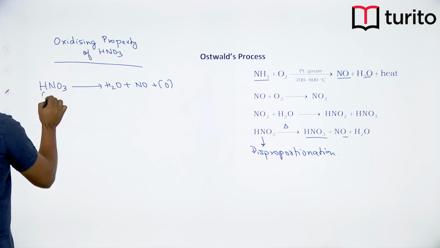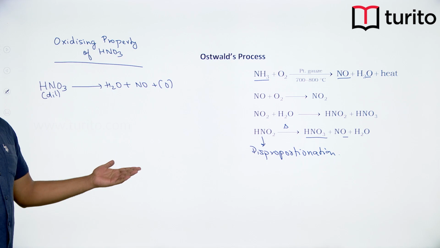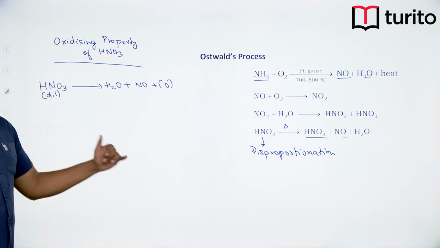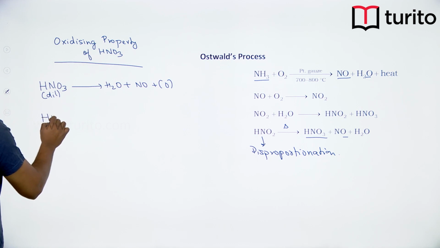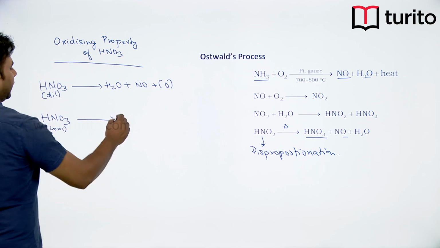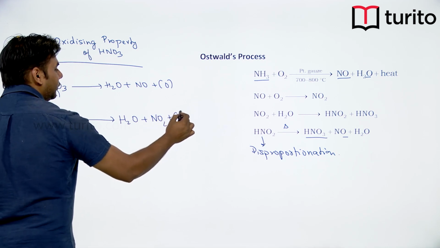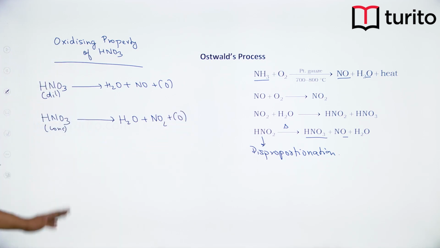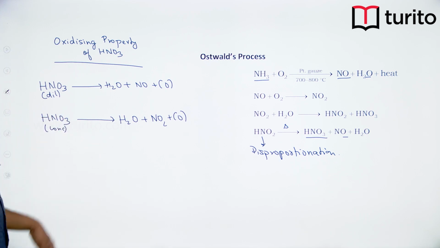Dilute HNO3 generally oxidizes any other substance and itself gets converted into NO. But concentrated HNO3 breaks into H2O plus NO2 plus O. So this causes oxidation. Whenever you are oxidizing any compound with concentrated HNO3, you will get NO2. When you are oxidizing with dilute HNO3, you will get NO.